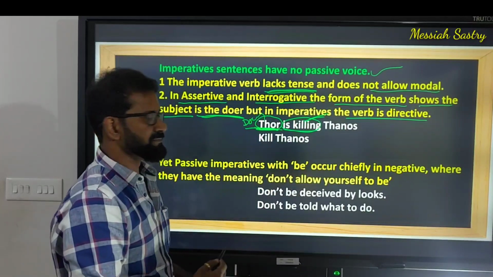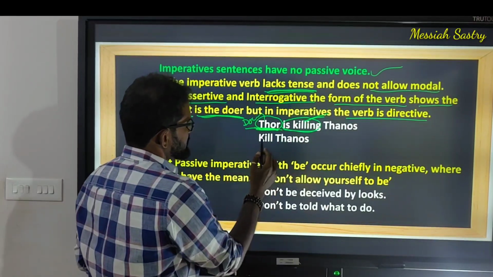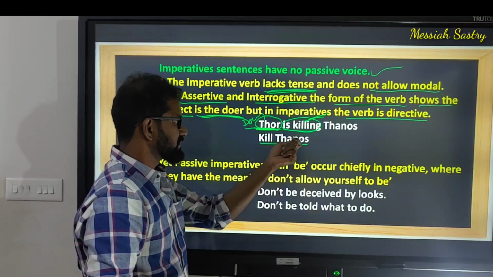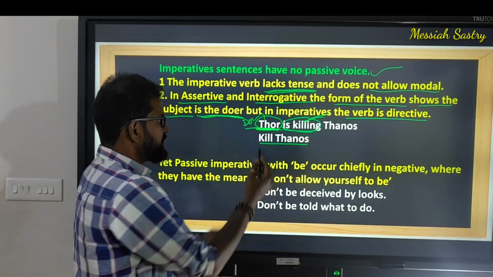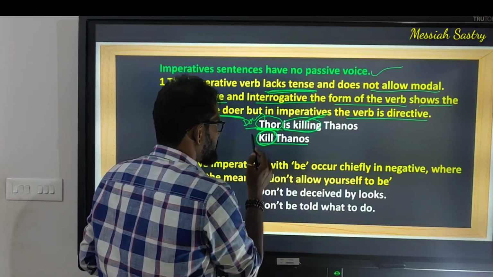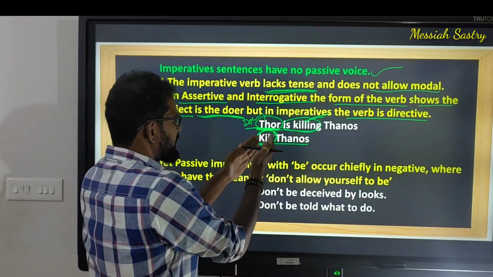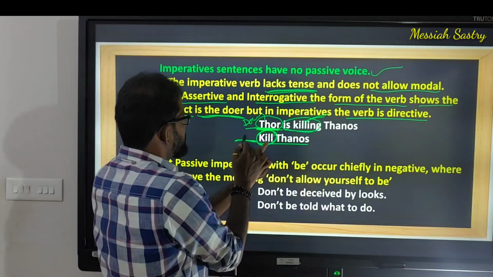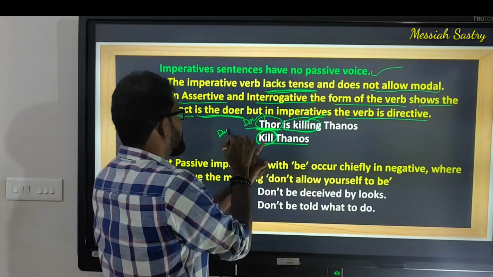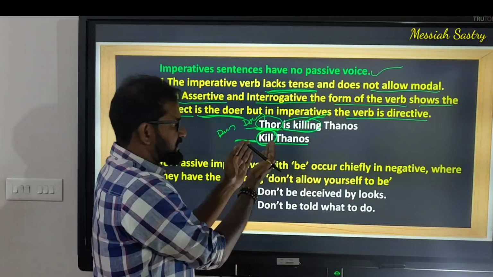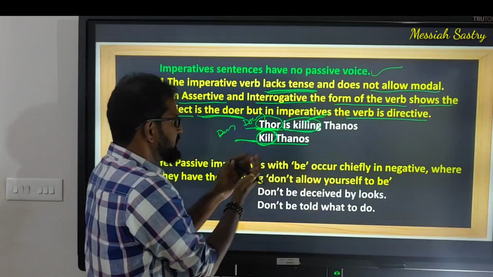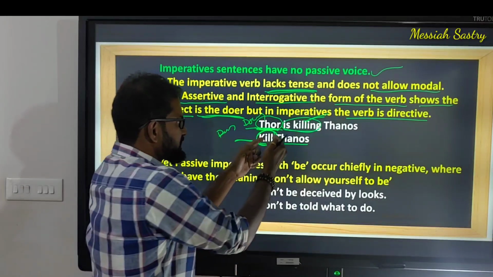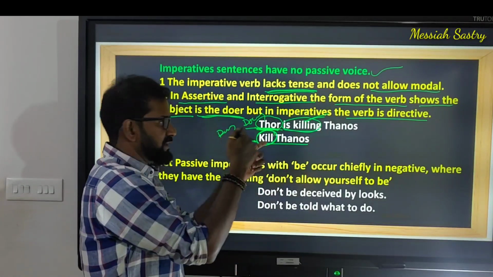Now when you look at the sentence here, Kill Thanos, an imperative sentence, the form here, kill, is not talking about the subject as a doer. But when you just read the sentence, Kill Thanos, the subject is assigned action.